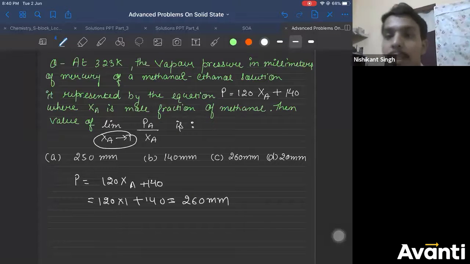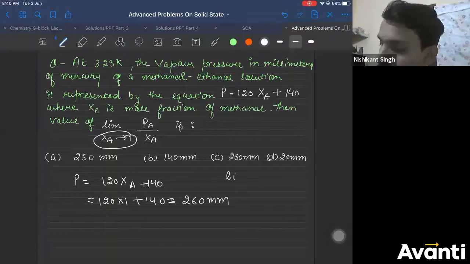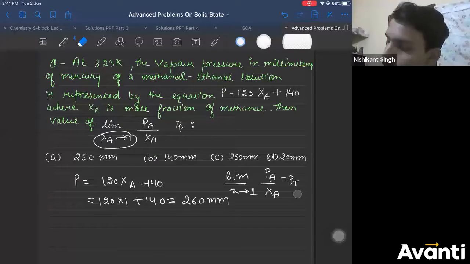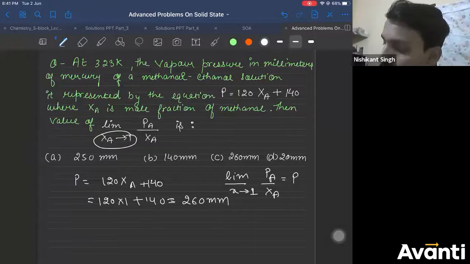I hope it is clear. It is 260 mm which you'll get as your answer. Why? Because as the limit XA tends to 1, your PA by XA will be equal to P total, or P. It will be P only.